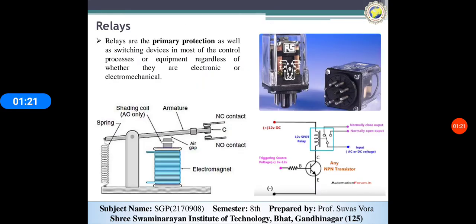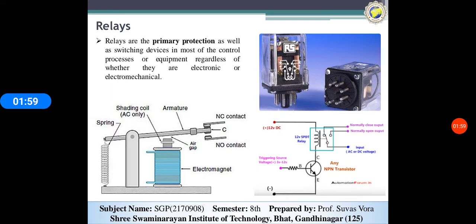Now, starting with the relay. So what is the relay? We already studied it in chapter number 1. Basically, the relay is a primary protection as well as a switching device in most control processes. You can see in the figure that one end is connected to a spring and another is connected to the armature. The armature is normally closed to the circuit.